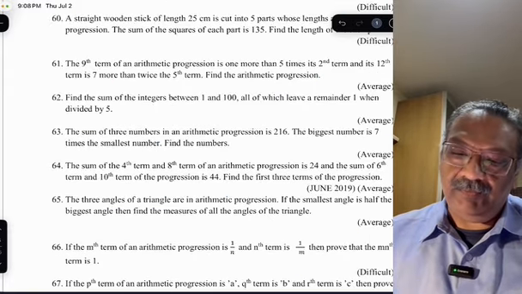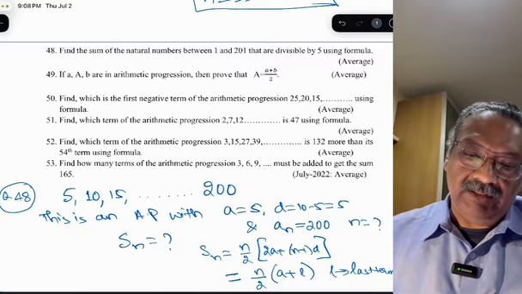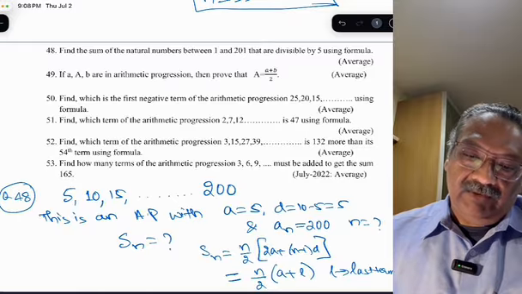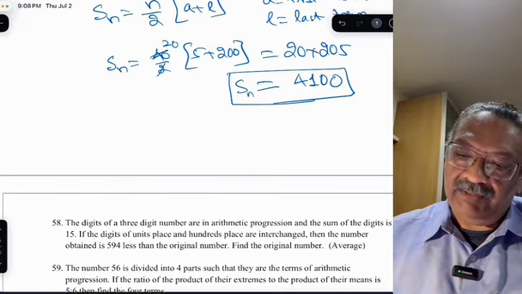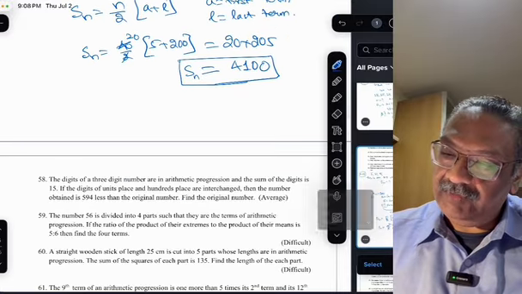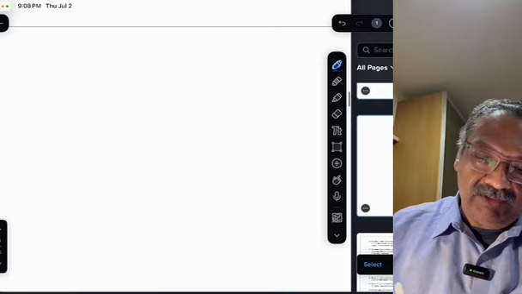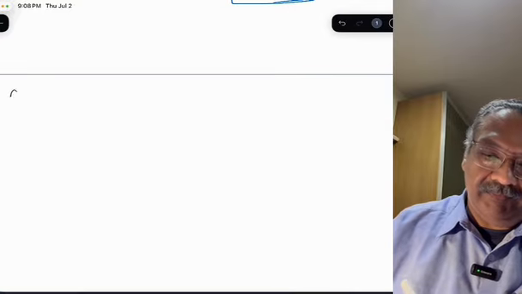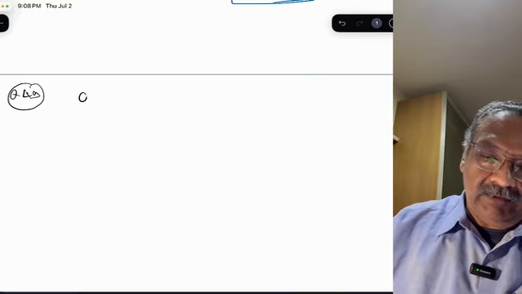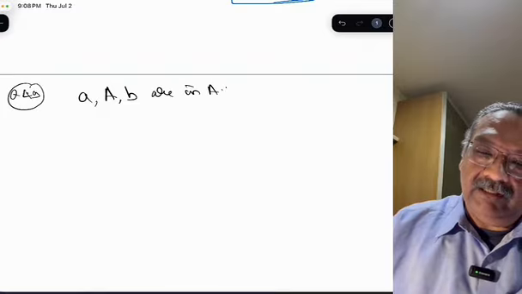Let us come to the 49th question. What does the 49th question ask for? If small a, capital A and b are in AP, then prove that capital A is equal to a plus b by 2. What they are saying, question number 49: a, A and b are in AP.